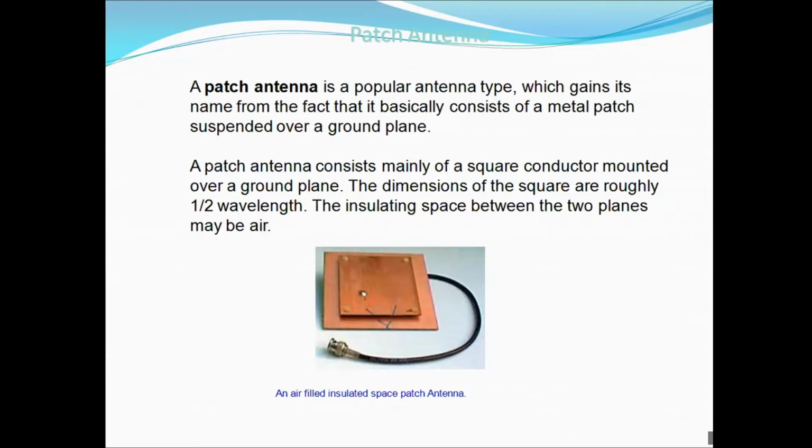A patch antenna consists mainly of a square conductor mounted over the ground plane. The dimensions are roughly half a wavelength, that is lambda by 2.